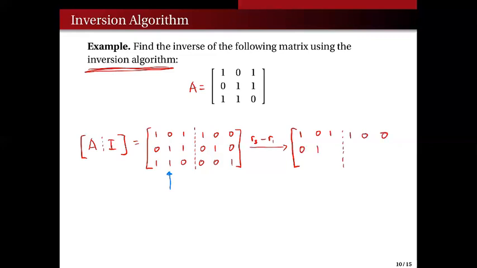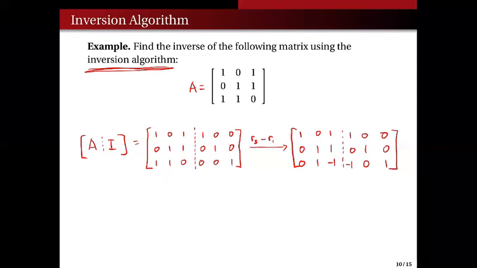And then here, 0, 1, 1, 0, 1, 0. For row 3, we have 1 minus 1, that is 0. 1 minus 0 here, that's 1. 0 minus 1 here, that's negative 1. Then 0 minus 1 here, that's negative 1. 0 minus 0, that's 0. 1 minus 0, that's 1.